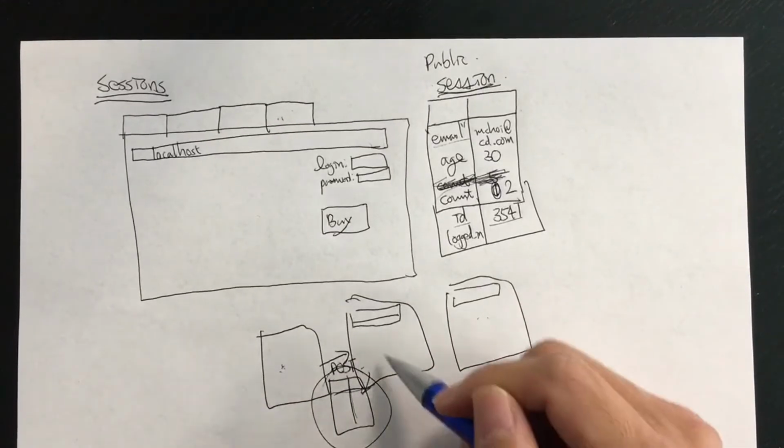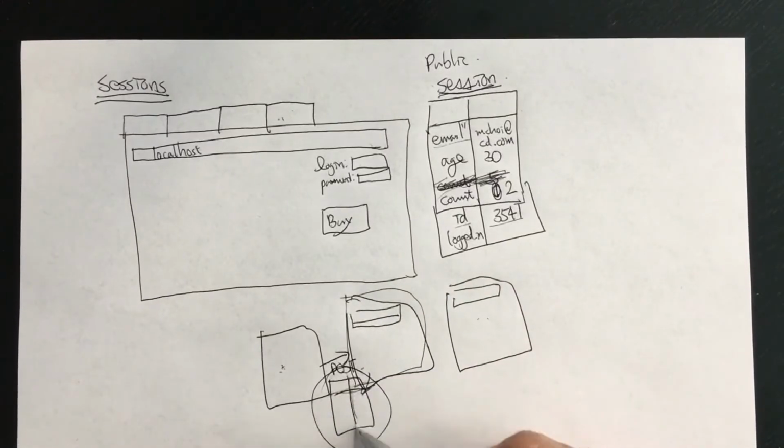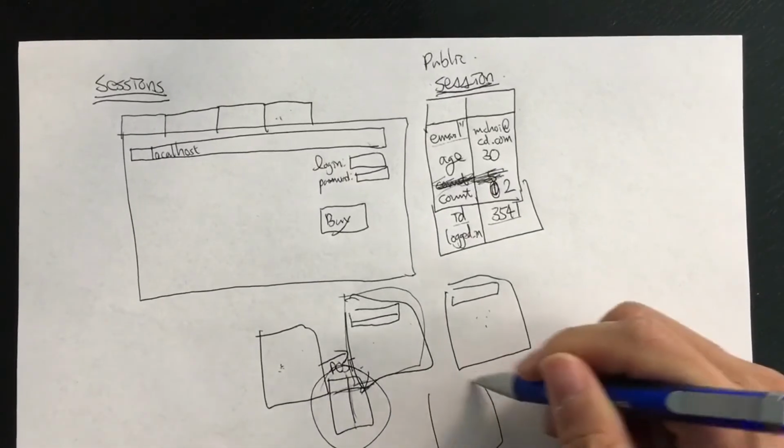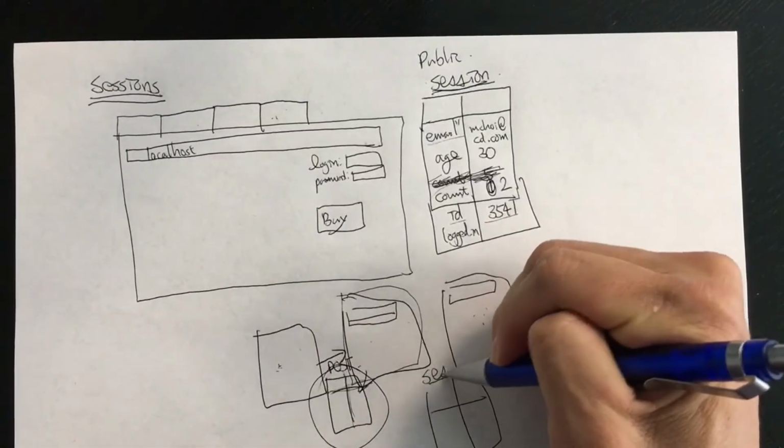This is only available to the route that got this information, correct? So anytime that any of your pages have to remember some of the previous activities or any of the tabs, that's where you put that in the session.